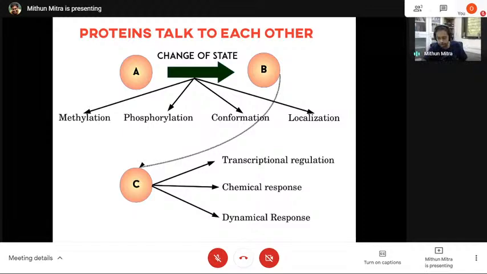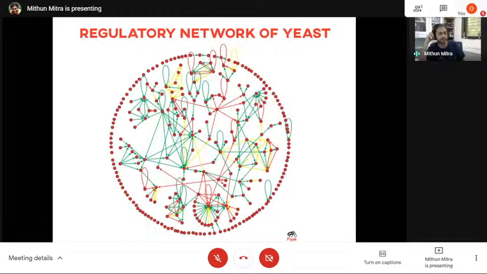So for example, here is a schematic of a regulatory protein network of yeast. The way you think about this is that all of these red dots, these nodes, represent a particular protein. Some proteins, of course, just sit there and don't talk to other proteins, but some proteins will interact with other proteins.